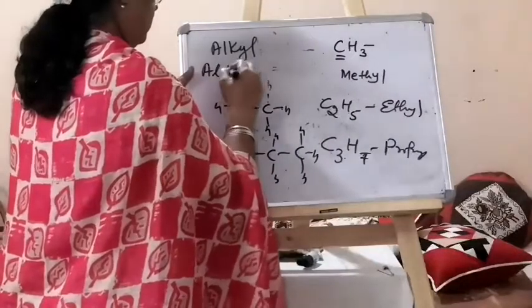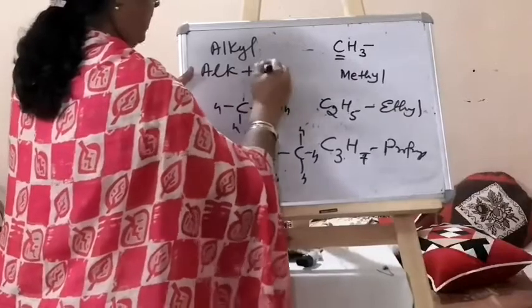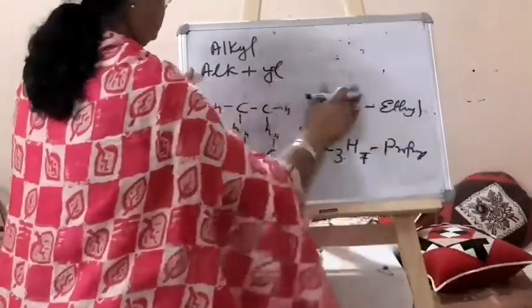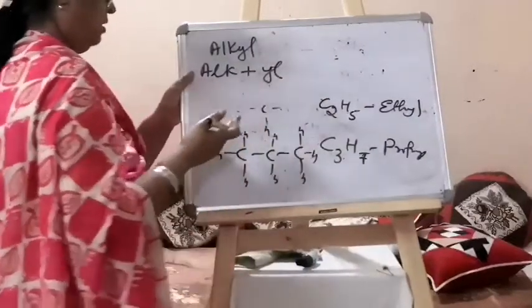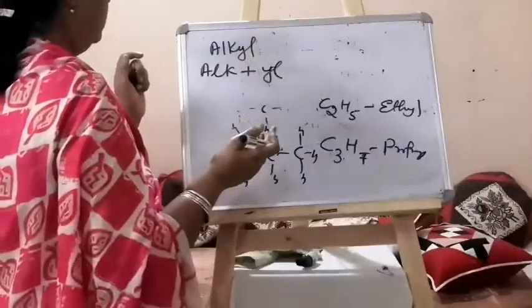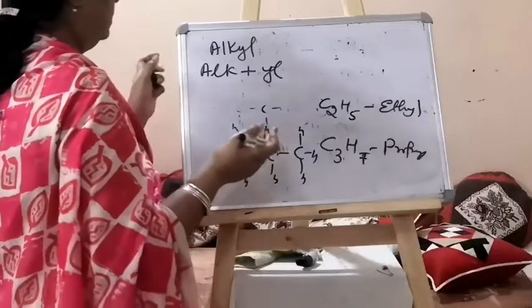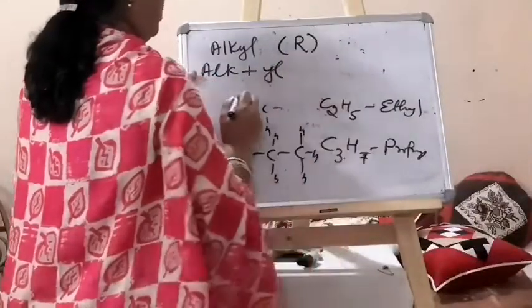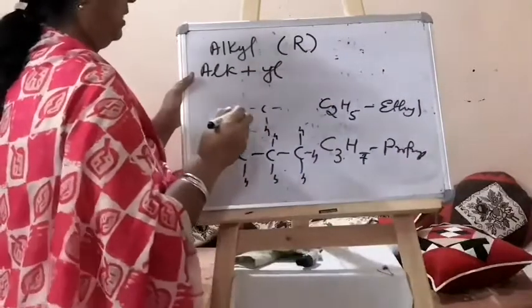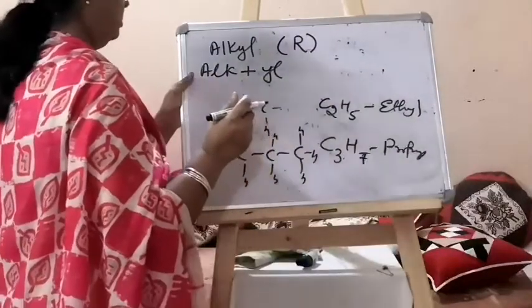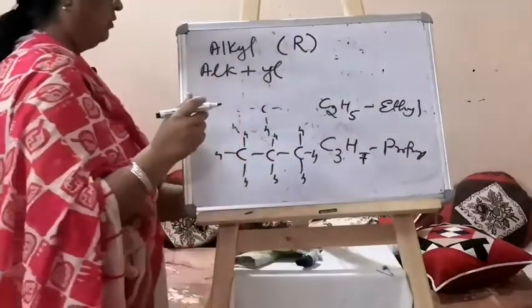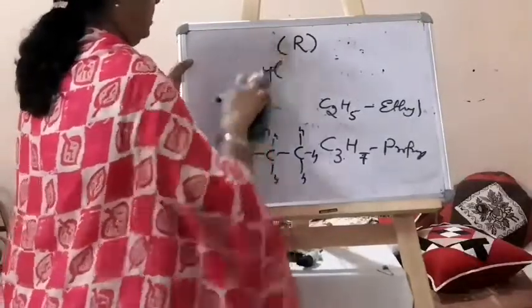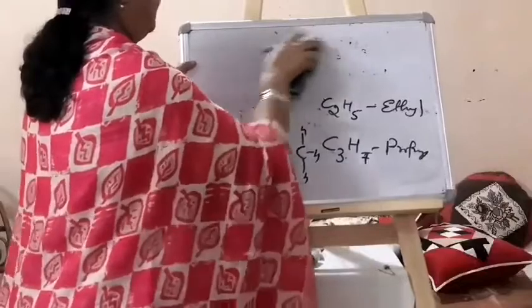Alk plus yl. That is your alkyl. Okay. Now this alkyl is represented by capital R also, which some people call alkyl also. So this is alkyl. Now this was for single bond, and now for the double bond.